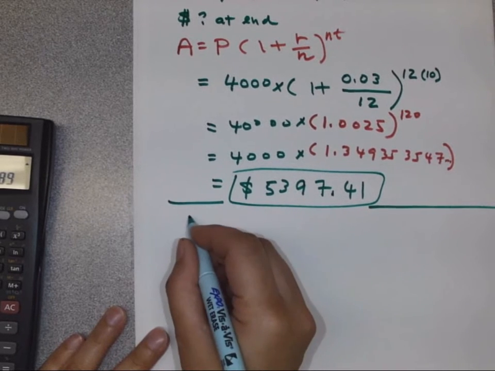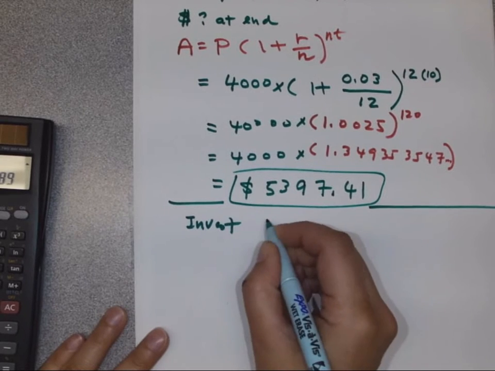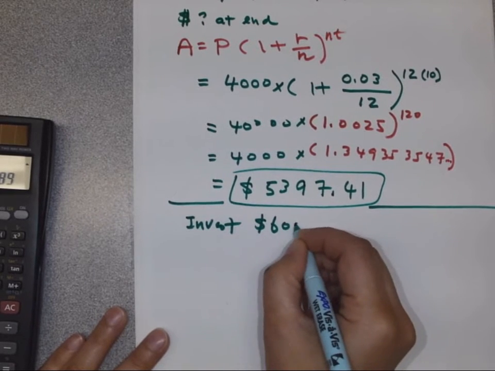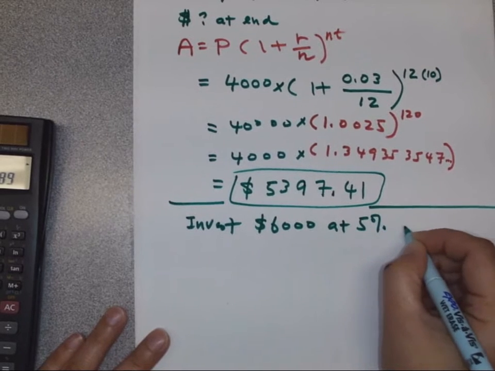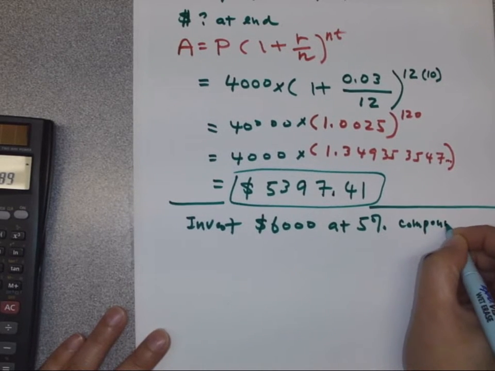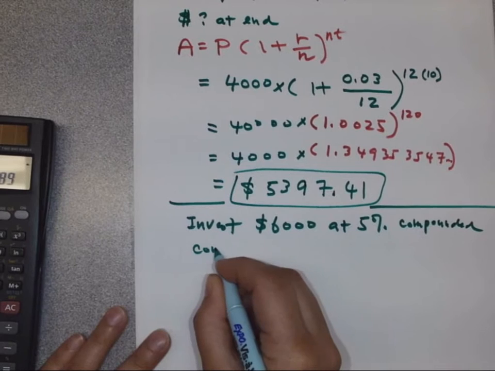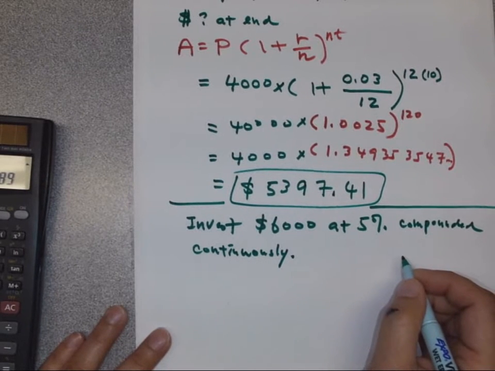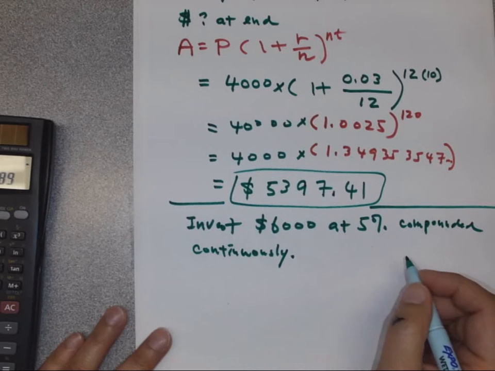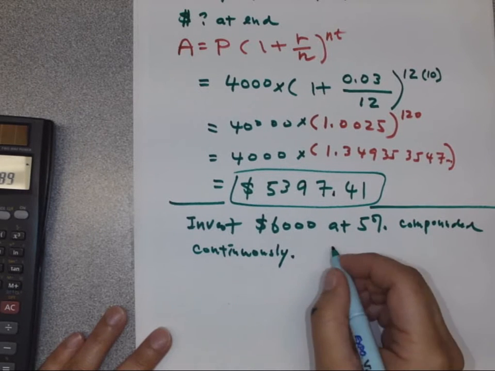And another question you may see is investing maybe $6,000 at 5% compounded continuously. So we want to know what you will have at the end of 2 years.